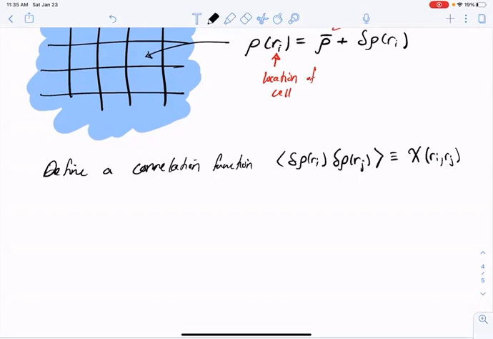Thus, this chi ij should depend on Ri and Rj in a specific way. It should only depend on how far apart those two cells are. For notation for the next couple minutes, let's call this chi ij, and remember that it just depends on the distance between cell I and cell J.